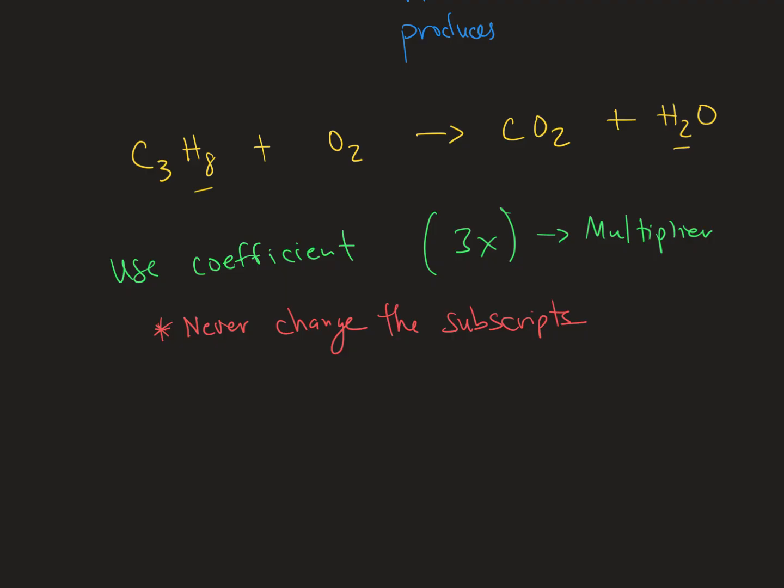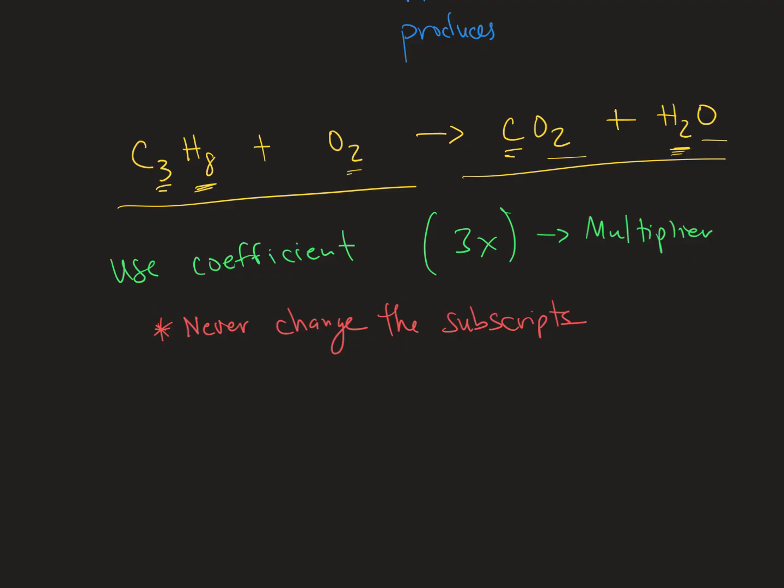How many carbons do we have on the left side? 3. How many do we have on the right side? 1. How many hydrogens do we have on the left side? 8. How many hydrogens on the right side? 2. How many oxygens on the left? 2. How many oxygens on the right? 3. Are we good? Looks like the majority of us can count number of atoms.